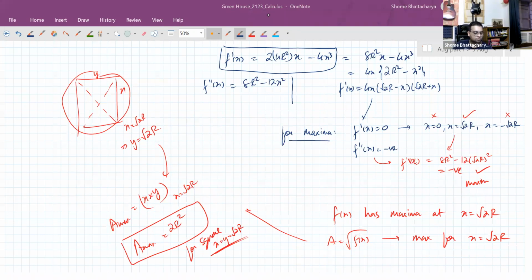However, this question also interestingly has a shortcut method, which has nothing to do with calculus at all, but to do with your knowledge of trigonometry. We'll see that also.